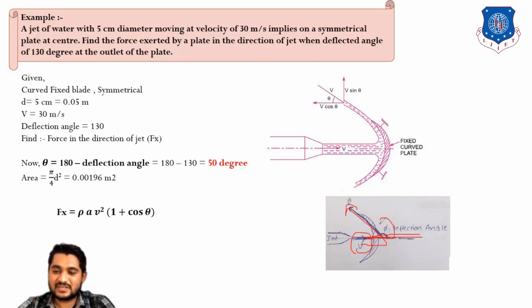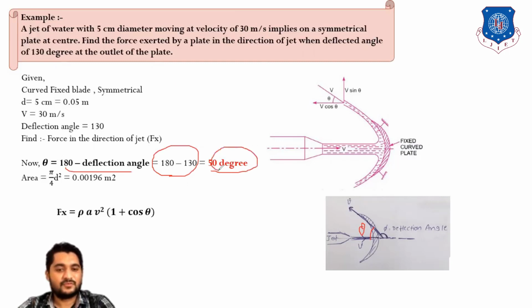This is called the deflection angle, and our main angle here is theta. So theta will be 180 minus deflection angle. Remember this: theta is equal to 180 minus deflection angle, so theta will be 50 degree.